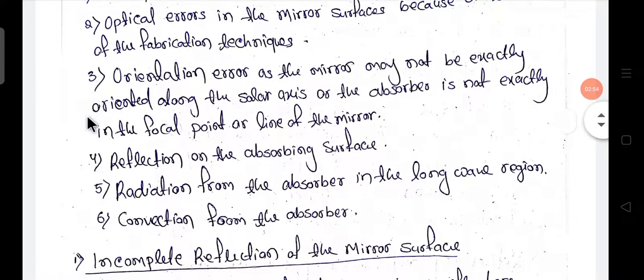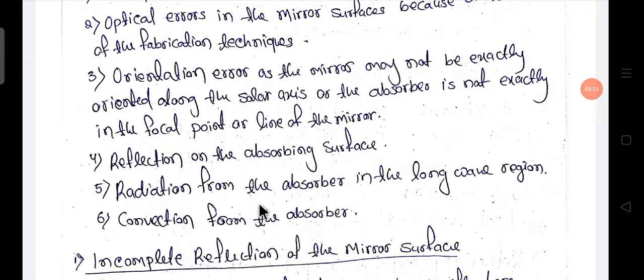The fourth is reflection on the absorbing surface. That means the rod which absorbs the solar radiation also has some reflection, and due to that reflection some energy is lost.